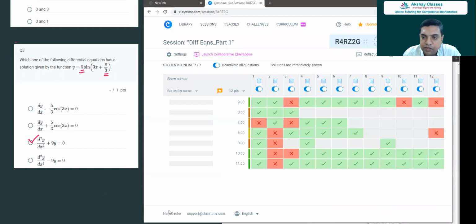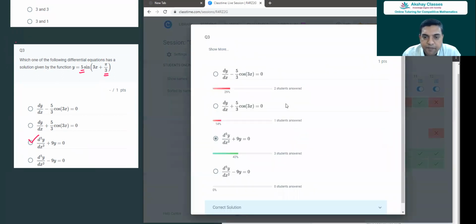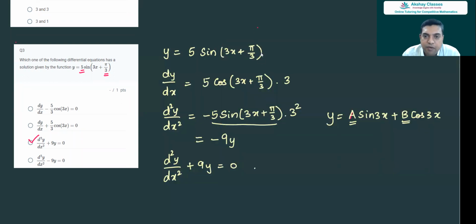So many students made a mistake in this. Third one. So you have differentiated it only once. That's a mistake. But after differentiating, you see the derivative is not the same in the problem that we see. This 5 times 3 cos 3x plus pi by 3.